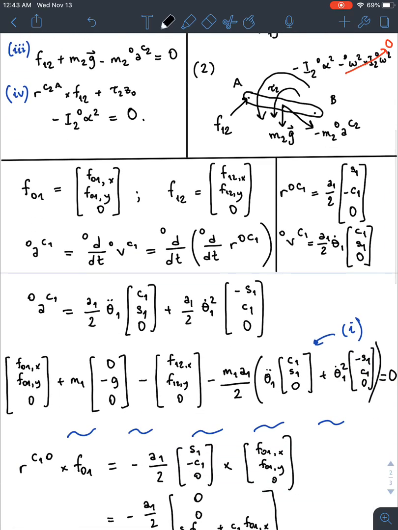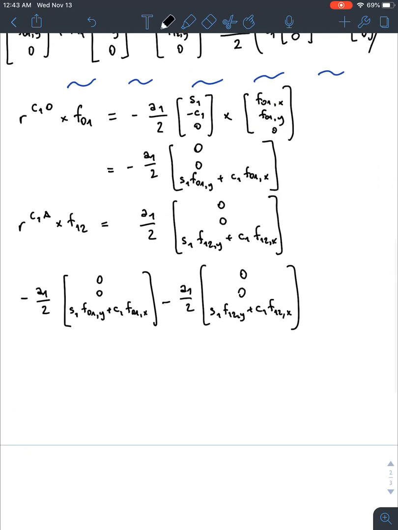Next, I have my torque in the z0 direction, so this is going to be plus (0, 0, tau 1).